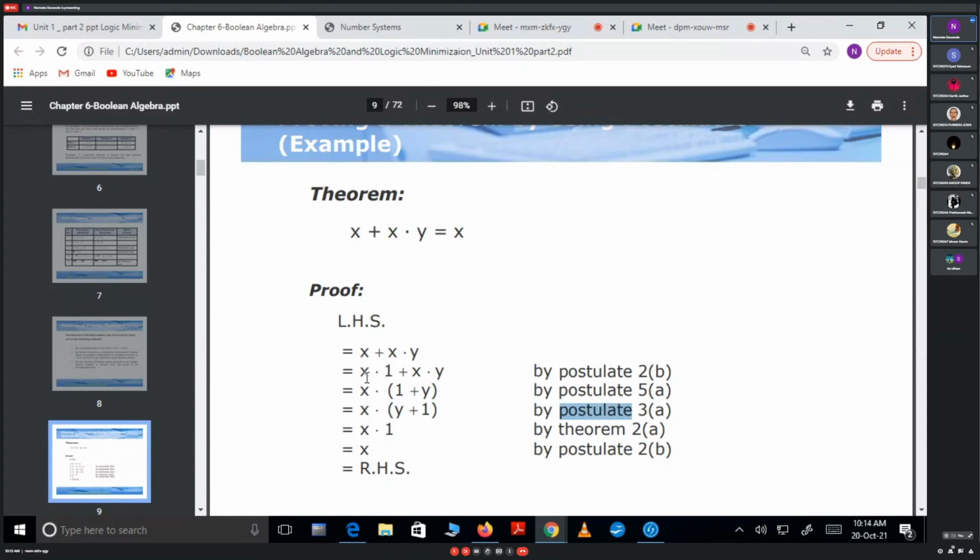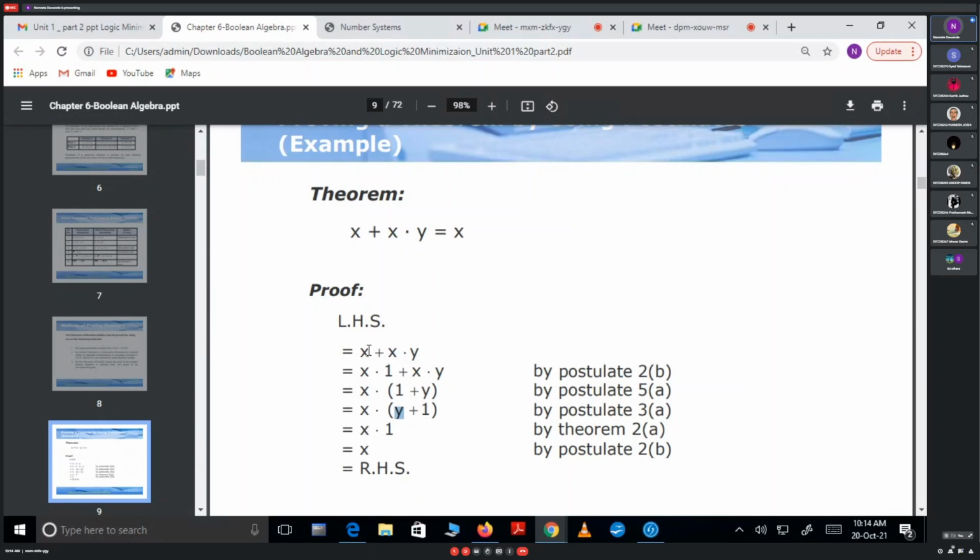Any binary number will be considered as y, because x and y are nothing but variables. If we take that variable value as 1 or 0 and add it with any binary number, we'll always get the value 1.